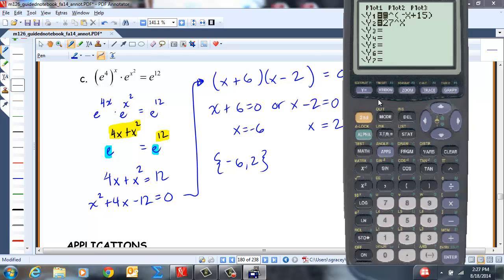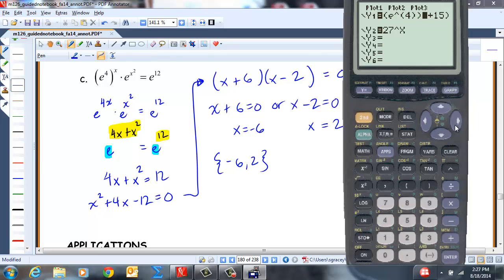Okay, so we have e that's being raised to the fourth. Oh, and I forgot the first parentheses. Okay, there we go.